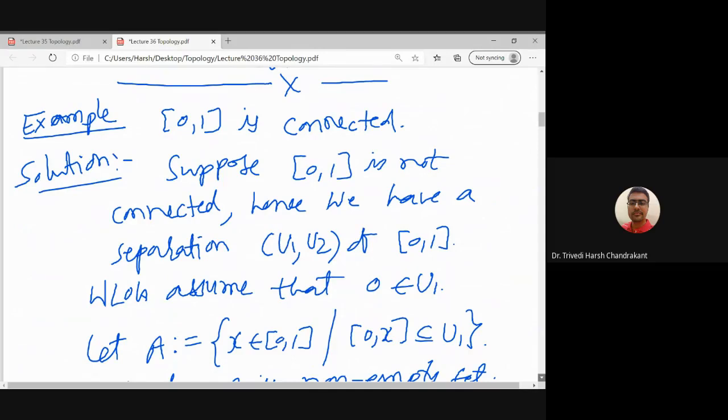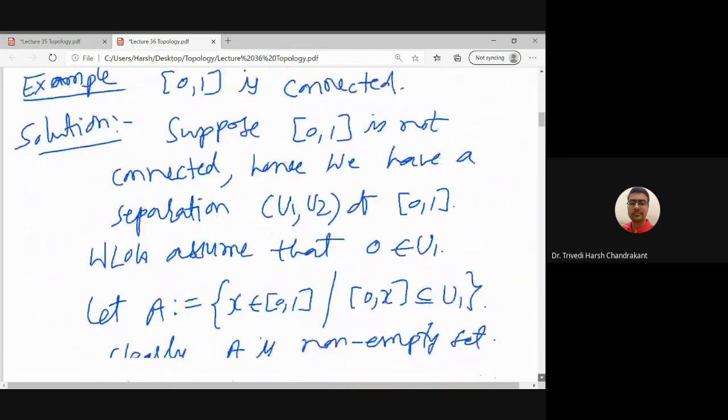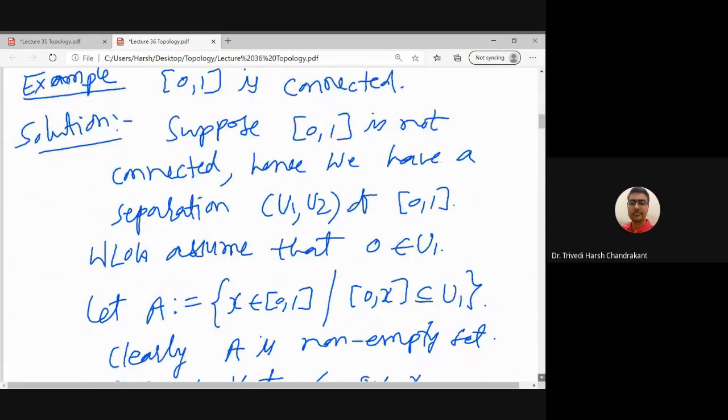So suppose the closed interval 0, 1 is not connected. Since it is not connected, that means we will get a separation u1 and u2 of the closed interval 0, 1. So without loss of generality, assume that 0 belongs to u1. The other case, 0 belongs to u2, can be argued in a similar way.